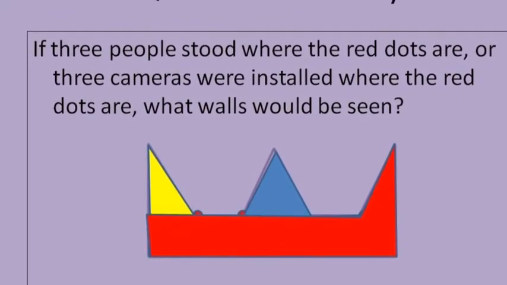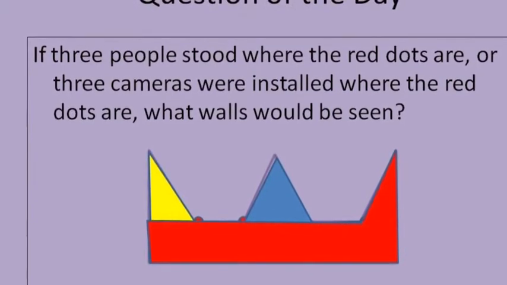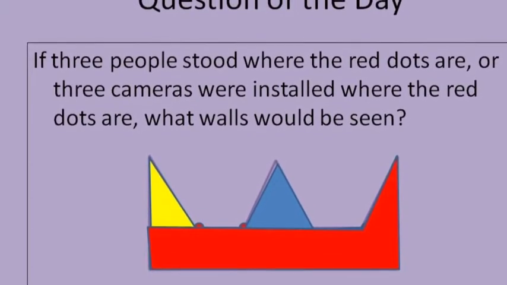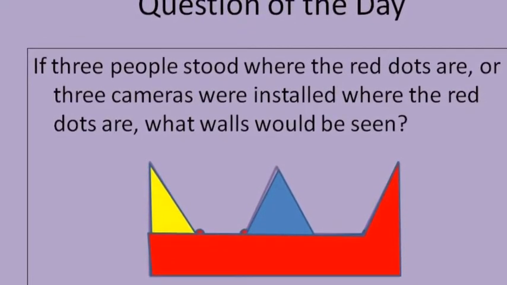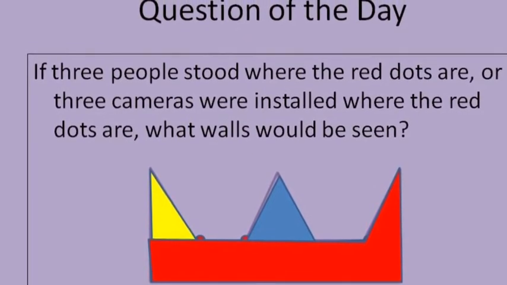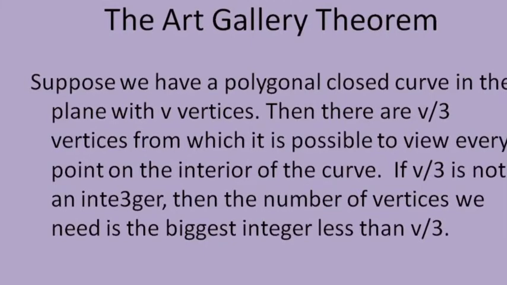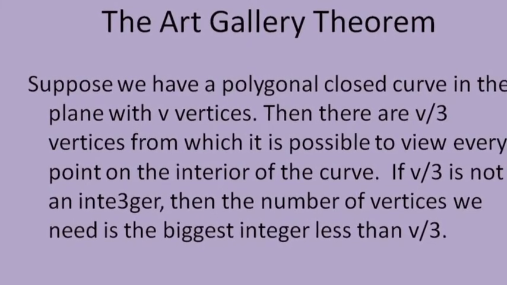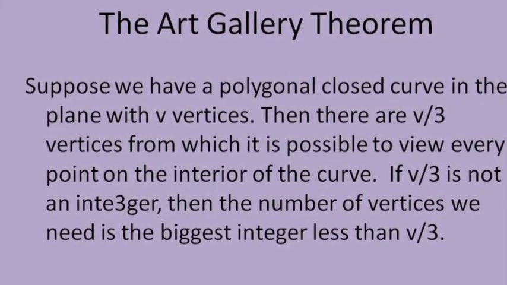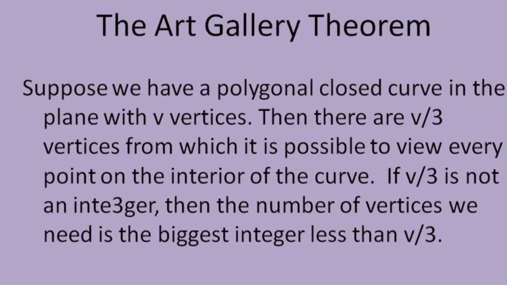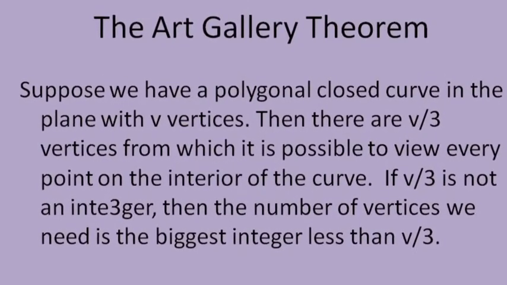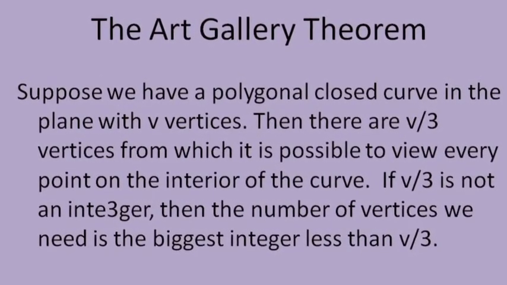The idea of the art gallery theorem is an interesting one because it was relatively recently discovered in the 1970s. The art gallery theorem states that suppose you have a polygonal closed curve, and in your mind that's just any polygon, a multi-sided shape, closed, where you have clearly an inside and an outside area.